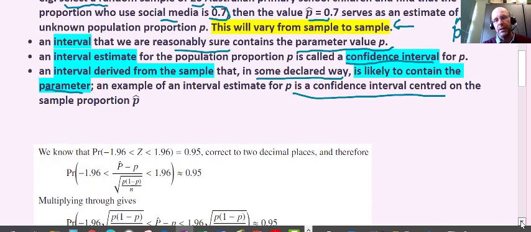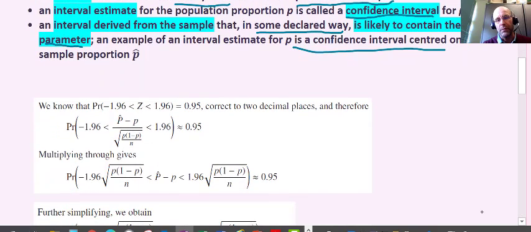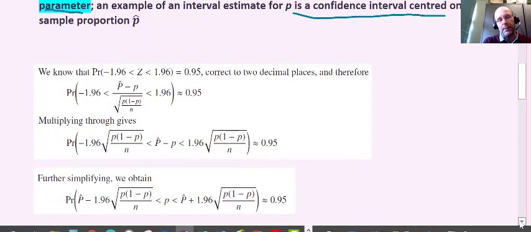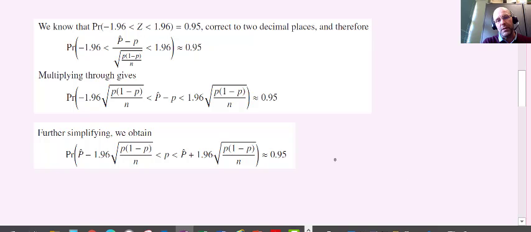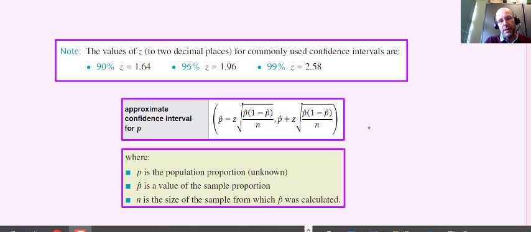In the previous video we derived an expression and multiplied through, so if you want more detail, see the previous video. If we multiply through and simplify as much as possible, we get this expression here, and we can formalize that into a confidence interval formula, which you may find on certain formula sheets.